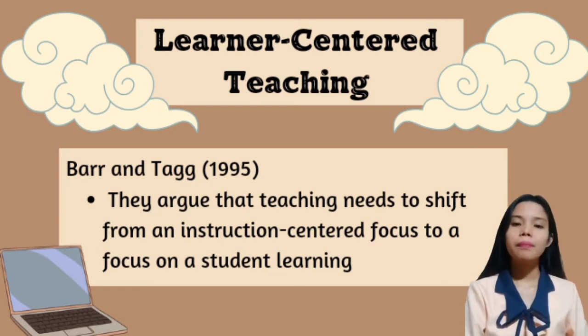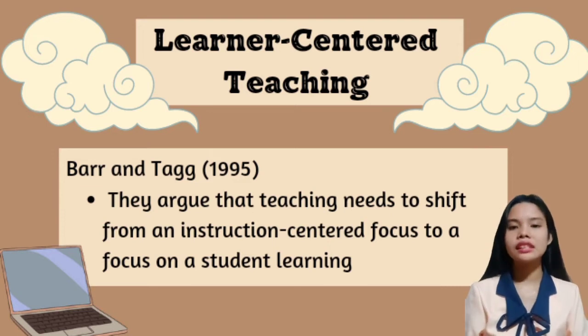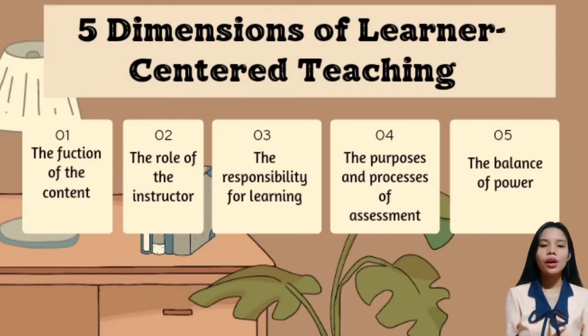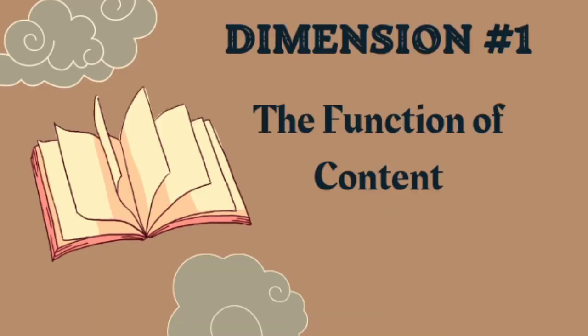In their seminal paper, Barr and Tagg, 1995, argue that teaching needs to shift from an instruction-centered focus to a focus on student learning. To move to a learner-centered approach, Weimer invites us to consider the 5 questions that we discussed at the beginning of this report. These questions challenge our assumptions about teaching and invite us to rethink our approach to undergraduate students.